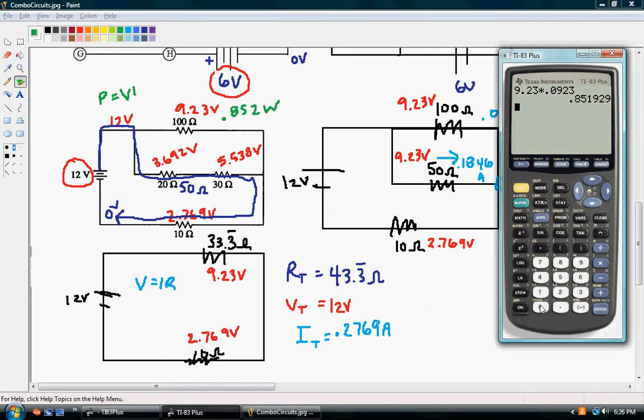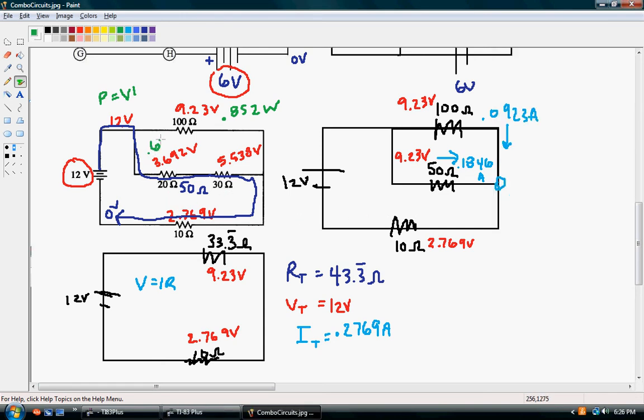The 20 ohm resistor used 3.692 volts and had a current of 0.1846, so 0.682 watts.